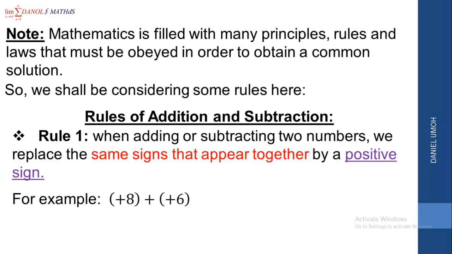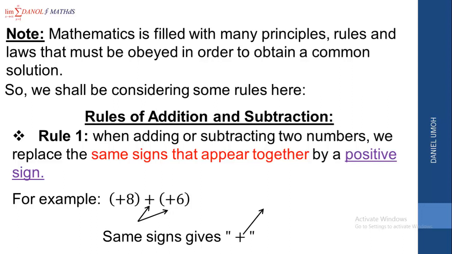Example, if we are adding these two numbers, +8 +6, you can see that there is a plus and plus 6 appearing together. So you see, we have same signs. You can see the arrow, same signs.